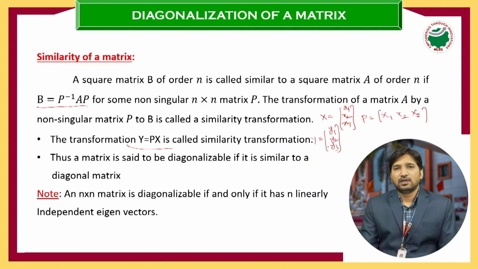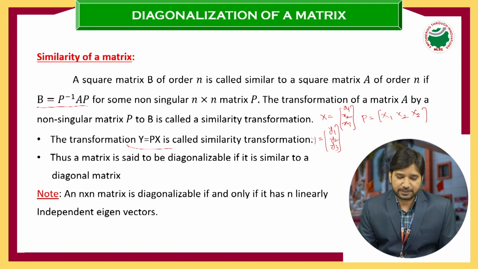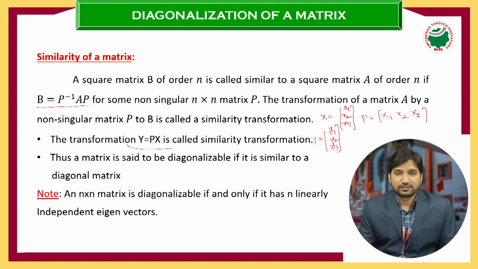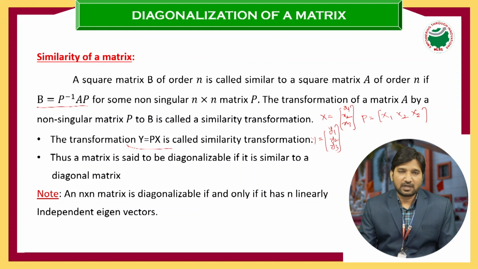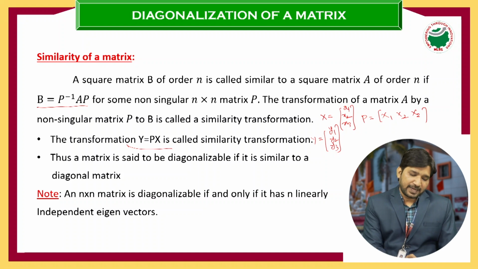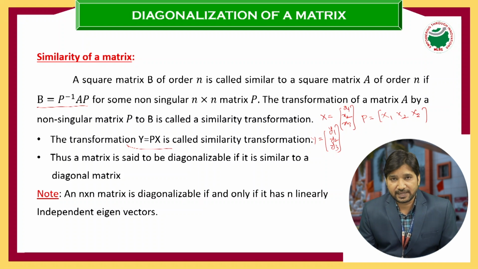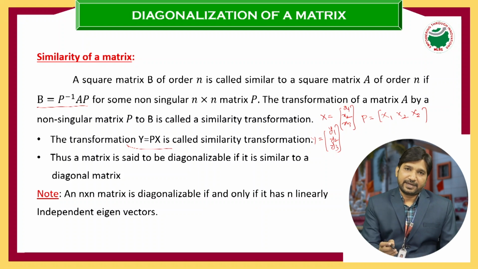The transformation Y equals PX is called a similarity transformation. A matrix is said to be diagonalizable if it is similar to a diagonal matrix. One more important point: an n by n matrix is diagonalizable if and only if it has n linearly independent eigenvectors.